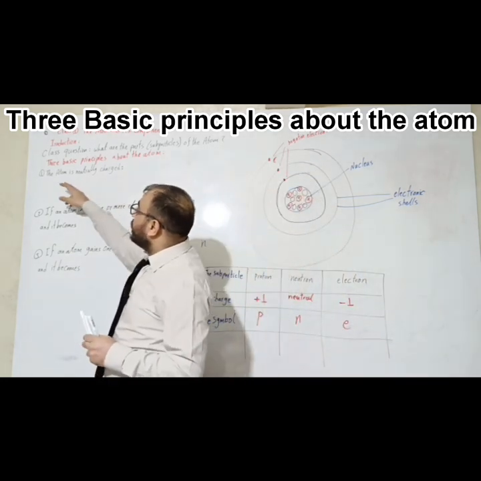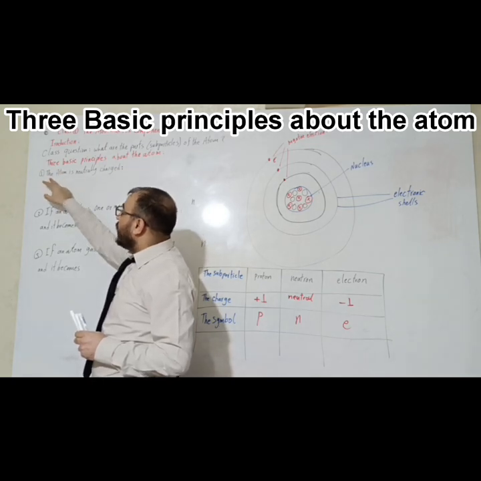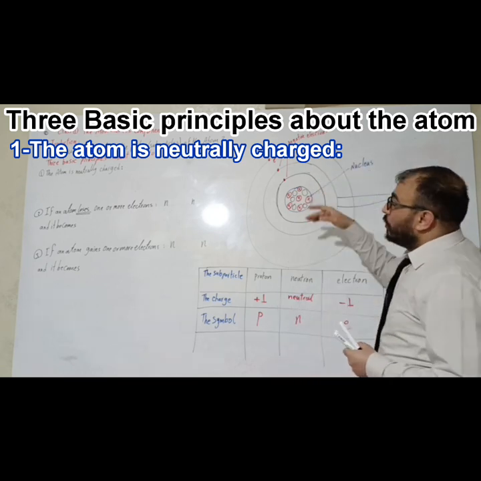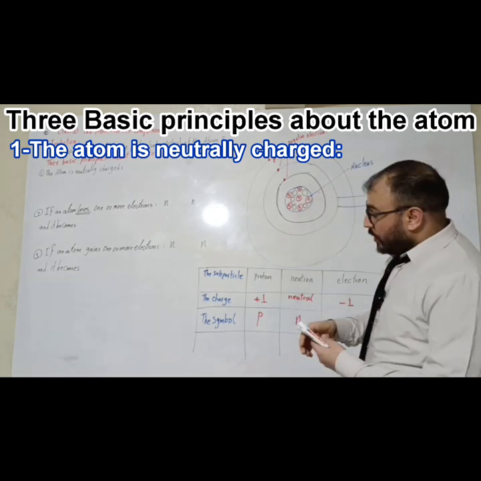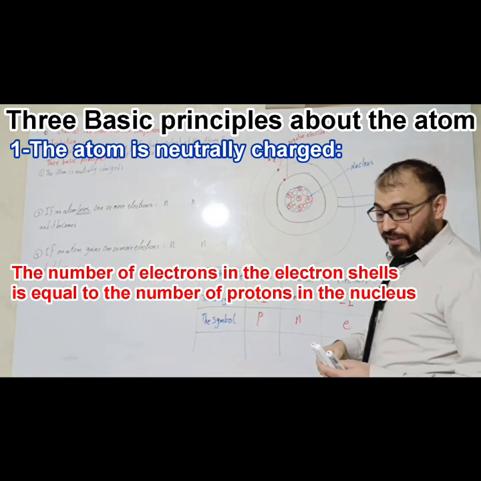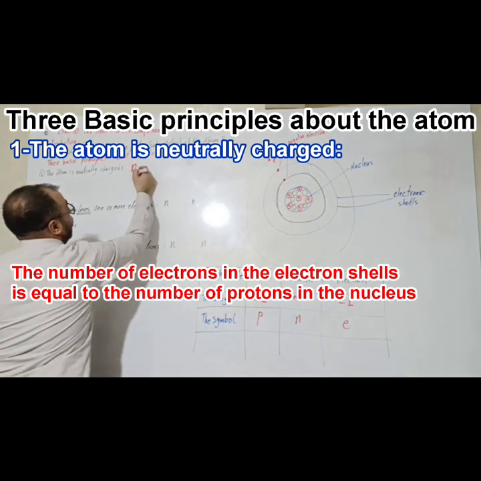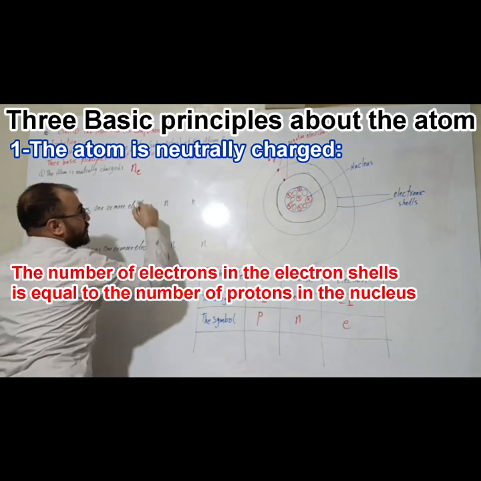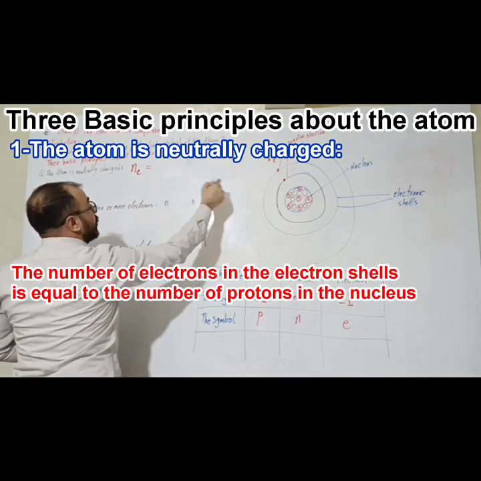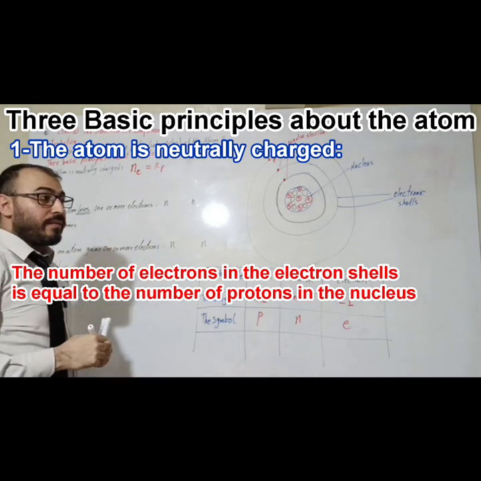The first basic principle stipulates that the atom is neutrally charged. Generally, as you all know, we have negative electrons and positive protons inside the atom. So generally, the number of electrons in the electronic shells is equal to the number of protons inside the nucleus.